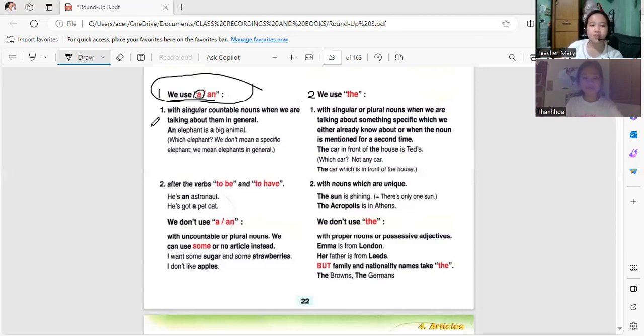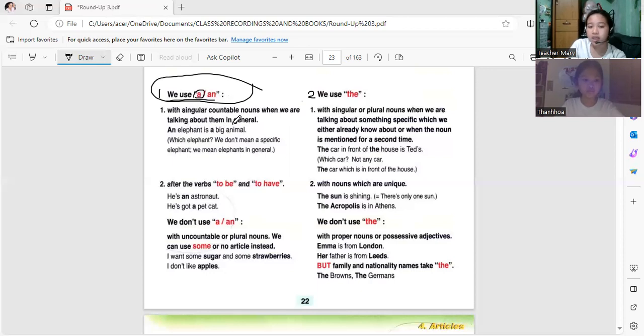Okay. Below the first rule, which is we use a and an, there are two sub rules. The first one, we use a when it is with singular countable nouns when we are talking about them in general.